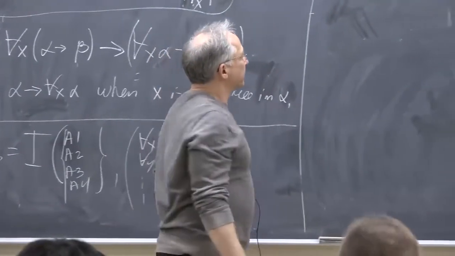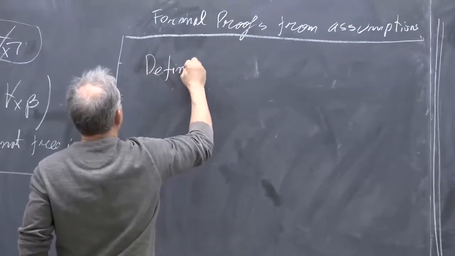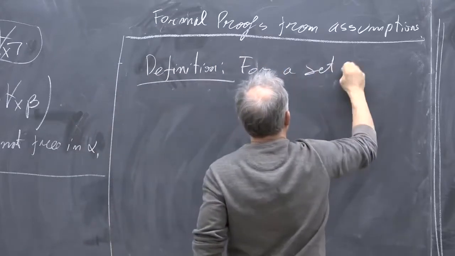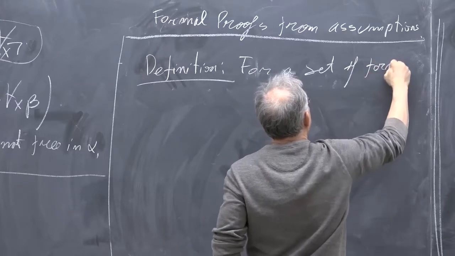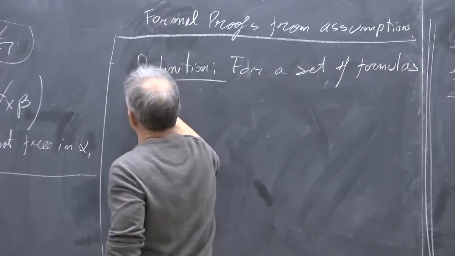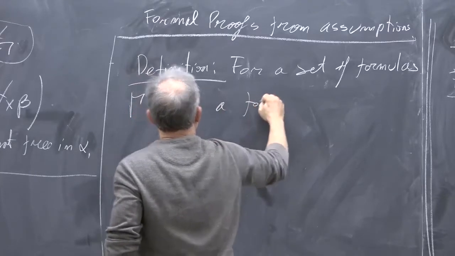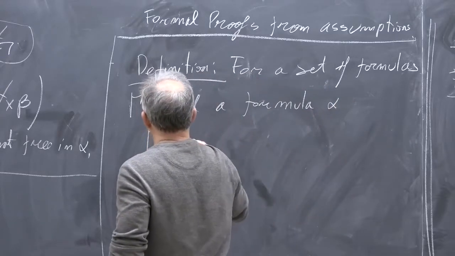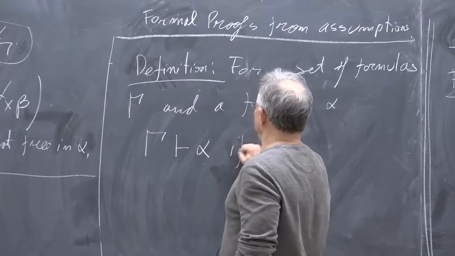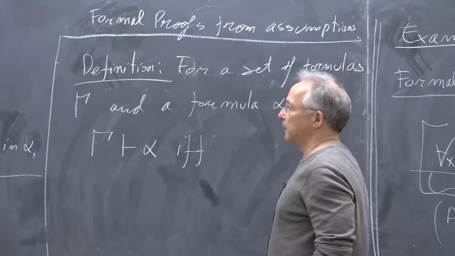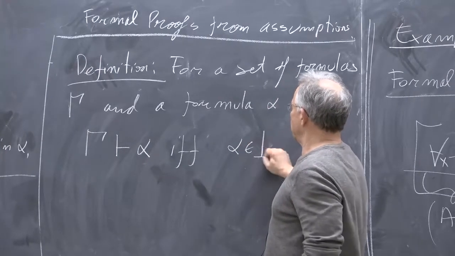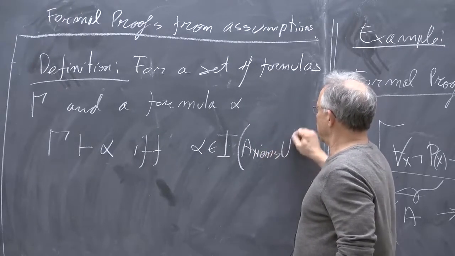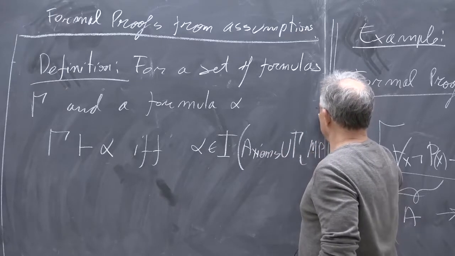So we say that we have a definition for a set of formulas gamma and a formula alpha. We say that gamma formally proves alpha if and only if alpha belongs to I, and here I will have axioms union gamma with modus ponens.